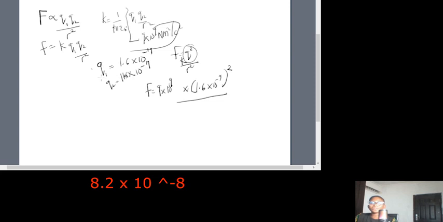So we can solve this. You can actually use your indices to get this.